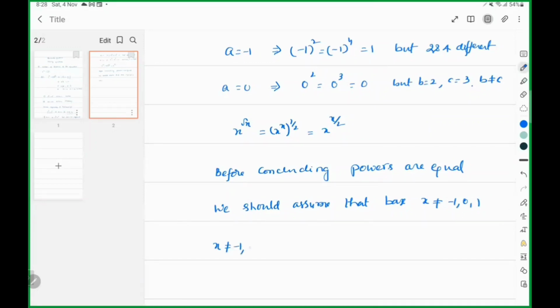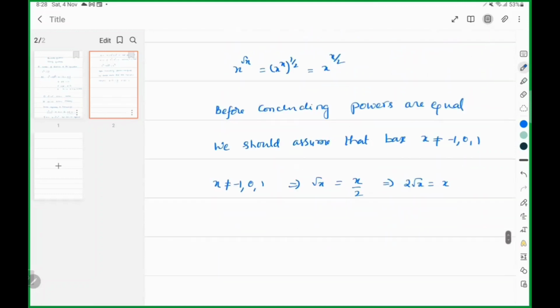Once x is not -1, 0, 1, I can conclude this: 2 root x is x. Till here it is okay.